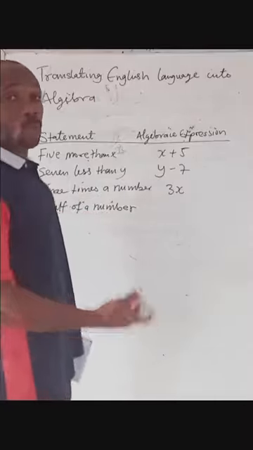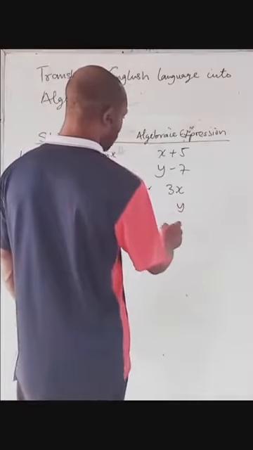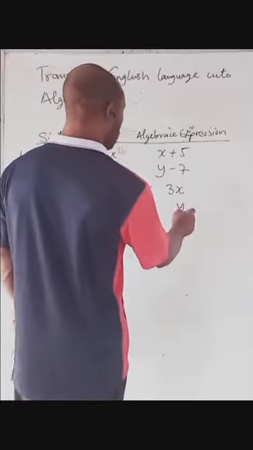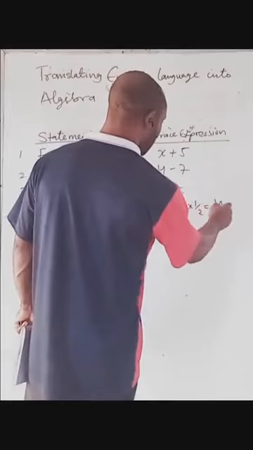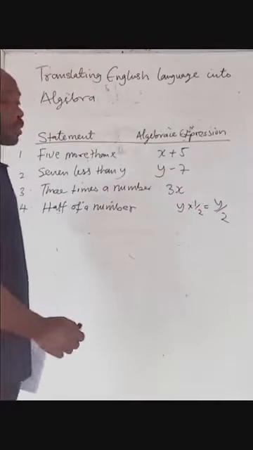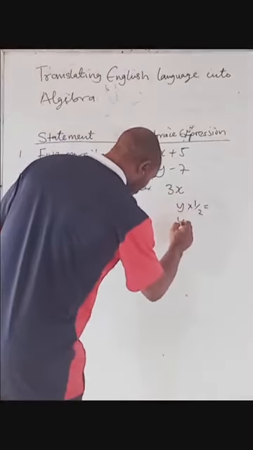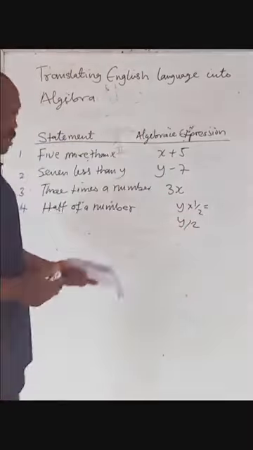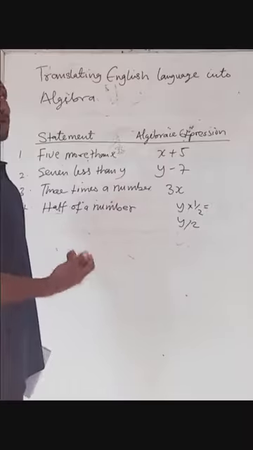So let the number be y. Half of y is y multiplied by 1 over 2, which is the same thing as y over 2. Let me write it here. y over 2. So half of y is y over 2.